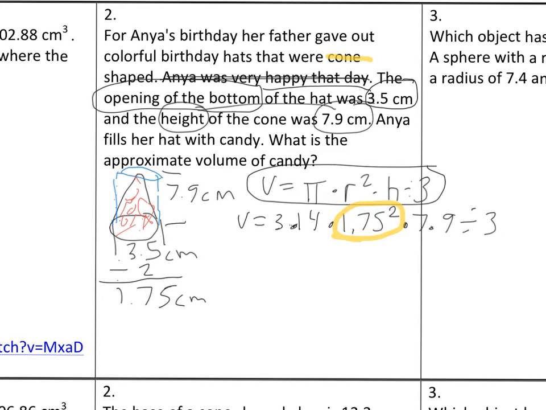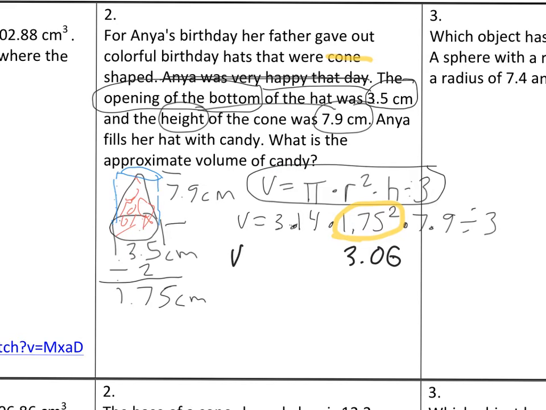I'm getting 3 point, looks like 0.06. My exact calculator says 3.0625, but just round it off to 3.06. It's insignificant.